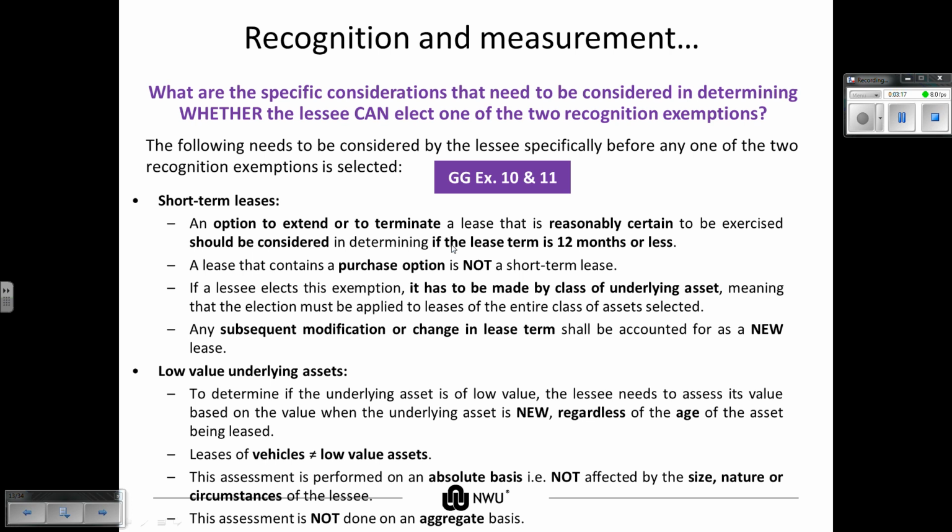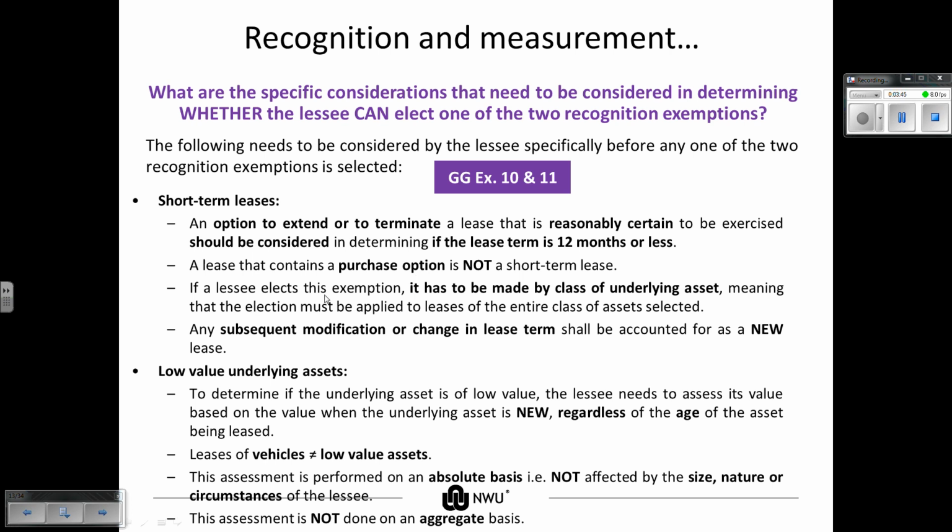For example, if we are reasonably certain, so our non-cancelable period, for example, is a year, but we are reasonably certain that we will extend the lease for another year, then the lease term is not 12 months or less. If there's a purchase option, then it's not a short-term lease because there's a chance that we will actually buy the asset and then have the asset forever.